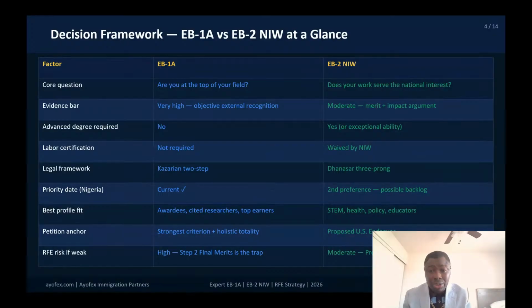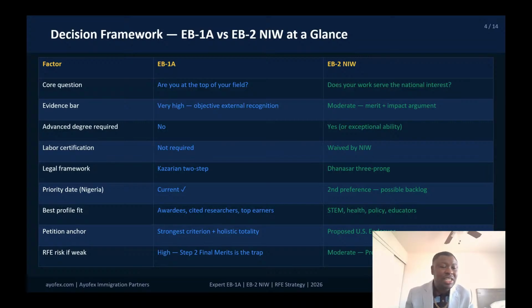If you are not, but your work serves the national interest, then go for EB-2. The EB-1A has a very high objective external recognition standard, but the EB-2 NIW has a moderate merit plus impact argument.